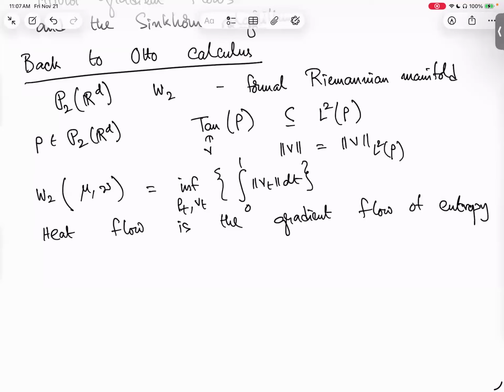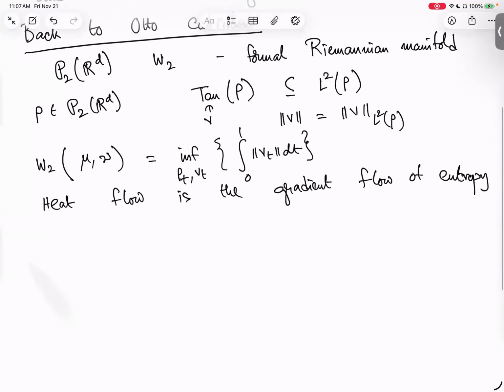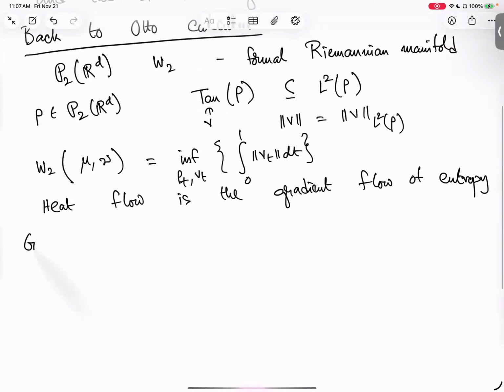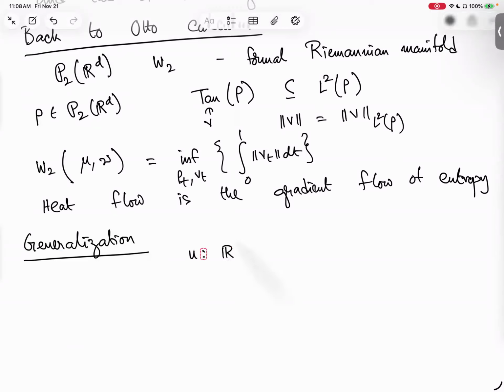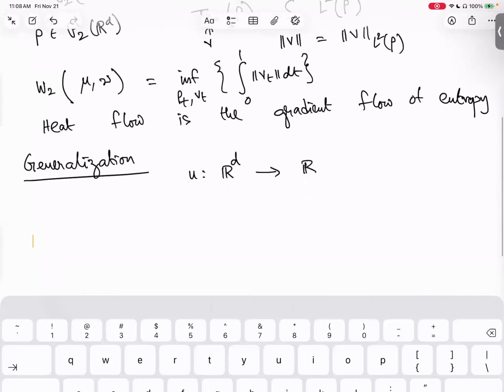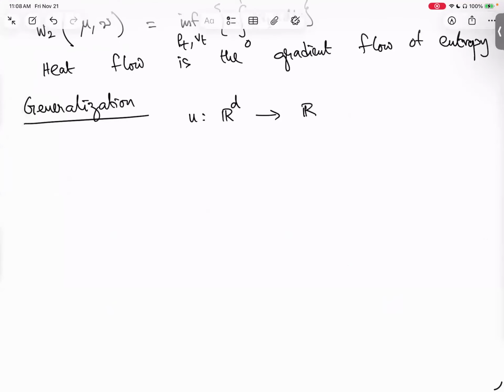So here is the following generalization of this idea. Let's take some smooth convex function U from R^d to the real line. Now take some rho in P2 of R^d.